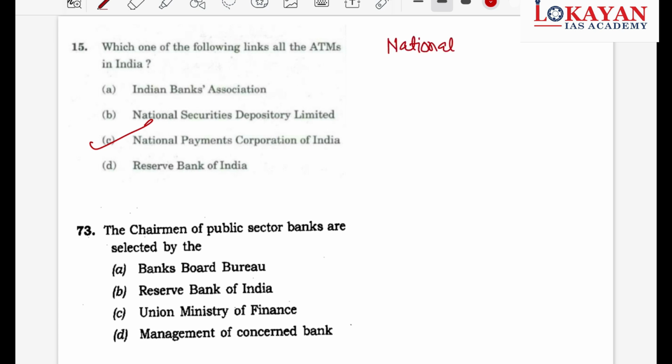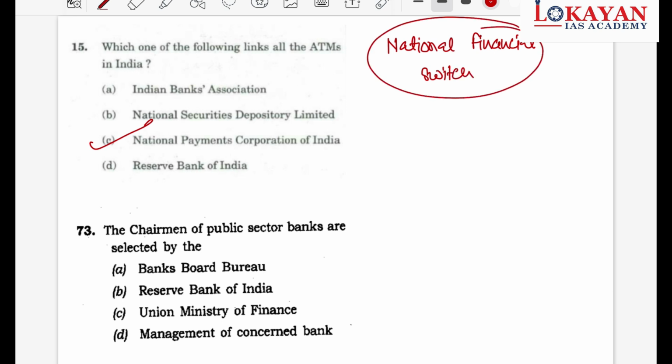One of them is the National Financial Switch. Through this product, they manage the ATM network connection in the entire country. Remember there are various products of NPCI. Those products we will discuss in the next video.